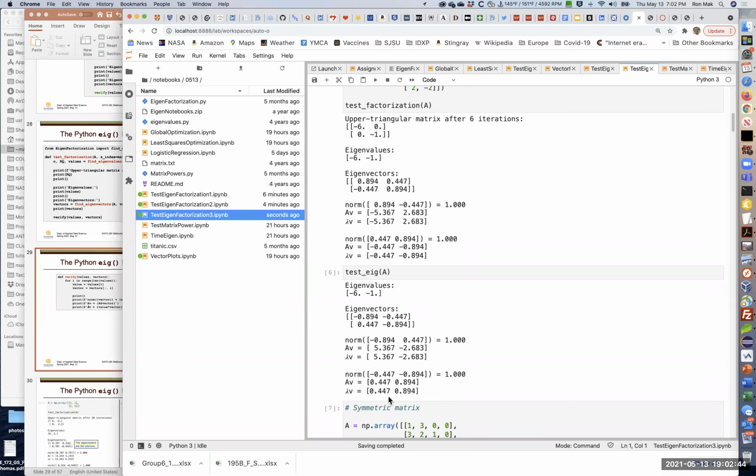Actually, what I'm doing here is demonstrating that if you multiply it, you will get the same values.